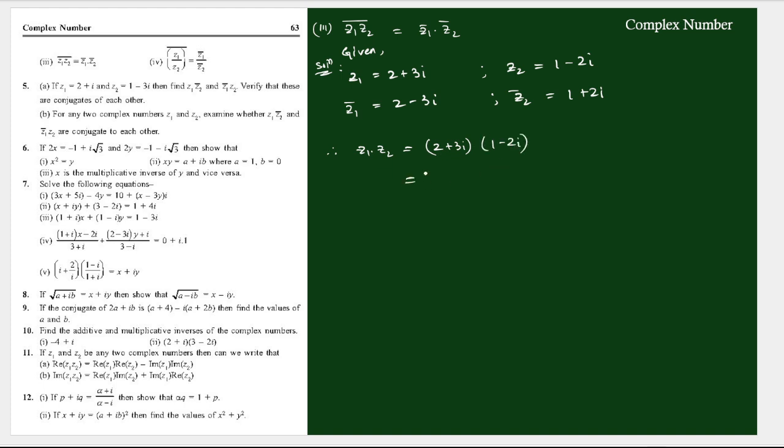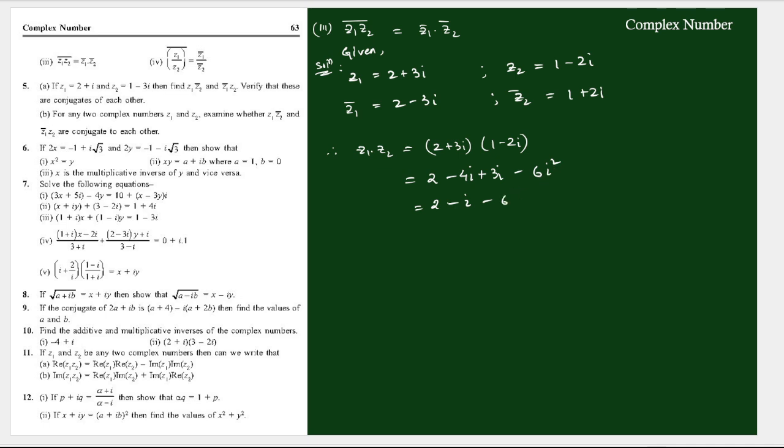We will multiply now. 2 into 1 is 2, minus 2 into 2 is 4i, plus 3i, 3 into 1, 3i, plus, minus into plus, minus 3 into 2, 6i into i square. So 2, this will be minus 4, minus 4 plus 3 is minus 1. 6, i square is how much?